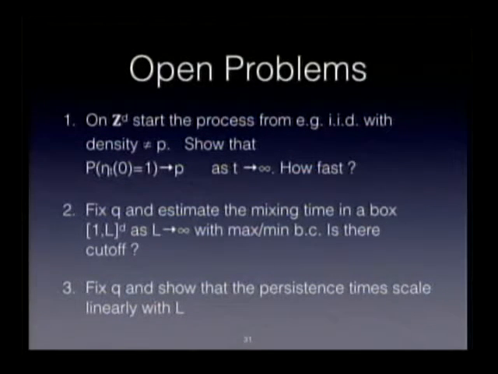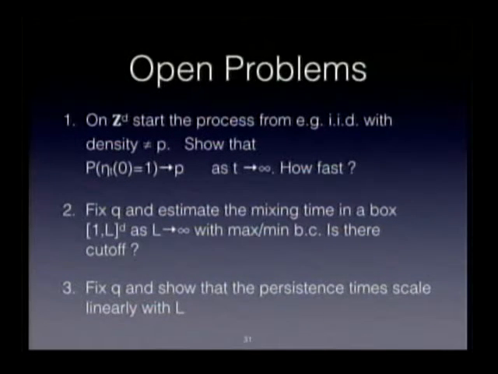In one dimension, we proved it with Shirshendo Ganguly and Eyal Lubetzky, that indeed there is a cutoff with optimal cutoff window. And so the question is whether there is still this cutoff here and whether the window is still optimal. Eyal is positive about that.